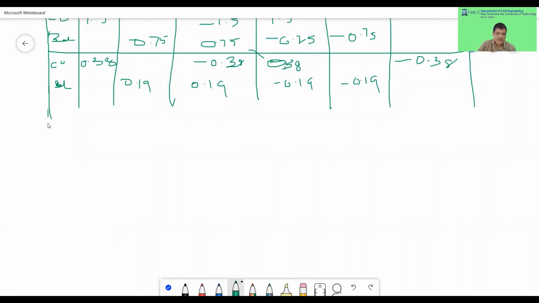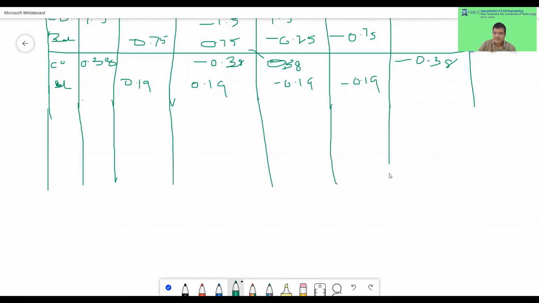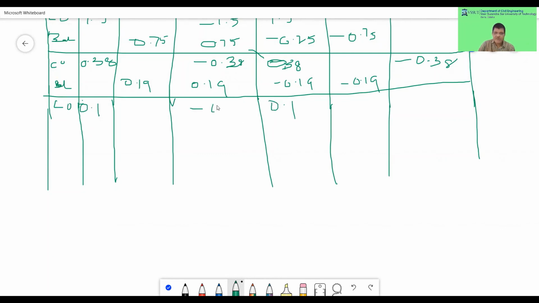Now further it will be extended. What is the value coming? 0.19 means you will carry over, it will be about 0.1, so 0.1, minus 0.1, minus 0.1.